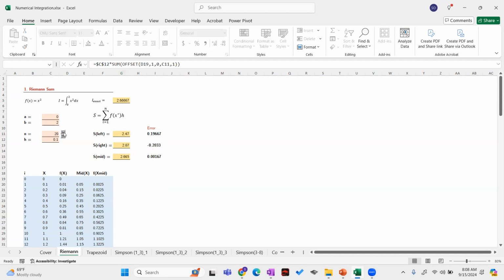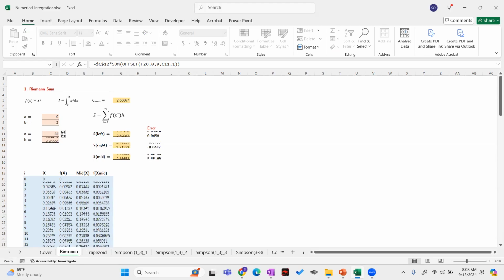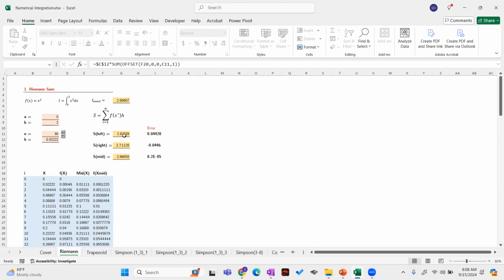And let's say we are using 50 steps. The approximation looks like this. These are the error values. I can probably go up to, let's say, 90 steps. Still they have some catching up to do, but middle sum is doing a great job.